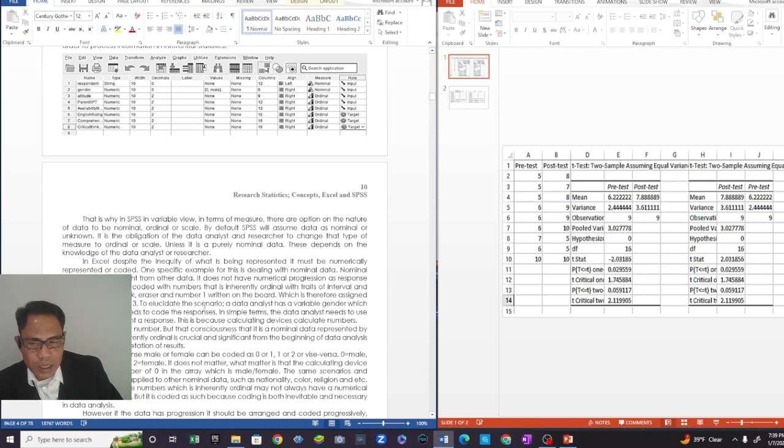To elucidate the scenario, a data analyst has a variable gender, which is nominal, but needs to code the response. In simple terms, the data analyst needs to use a number to represent a response. This is because calculating devices calculate numbers.